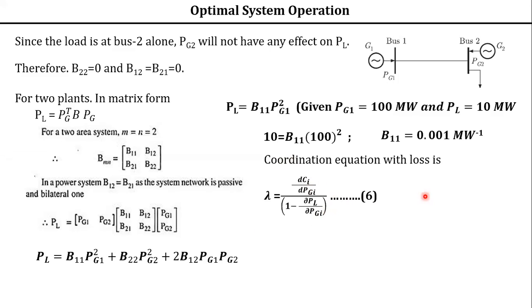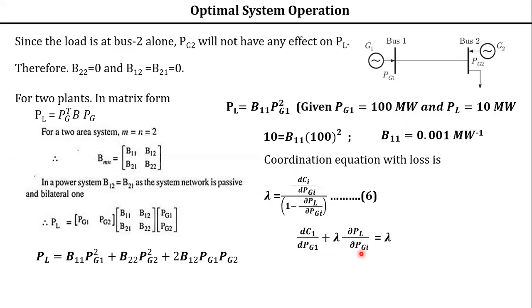Now in this equation, it is simple, just cross multiply. For the first generator, dC1 by dPG1 plus lambda, then minus lambda into dou PL by dou PGi.